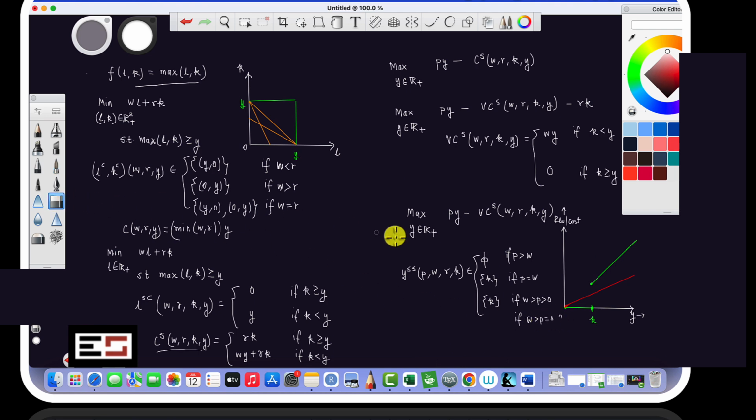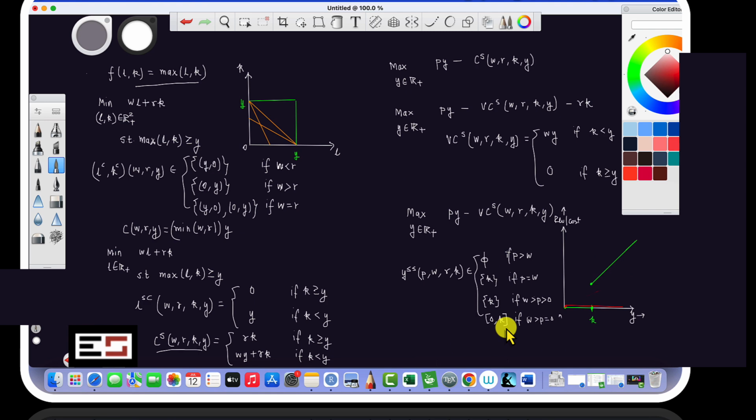In that case, you will find that there are multiple solutions, and you can actually produce anything from 0 to k, because it's just going to coincide with this. All these are profit maximizing. So basically it will be an interval, 0 to k. And that is how you can solve for the short-run supply function.